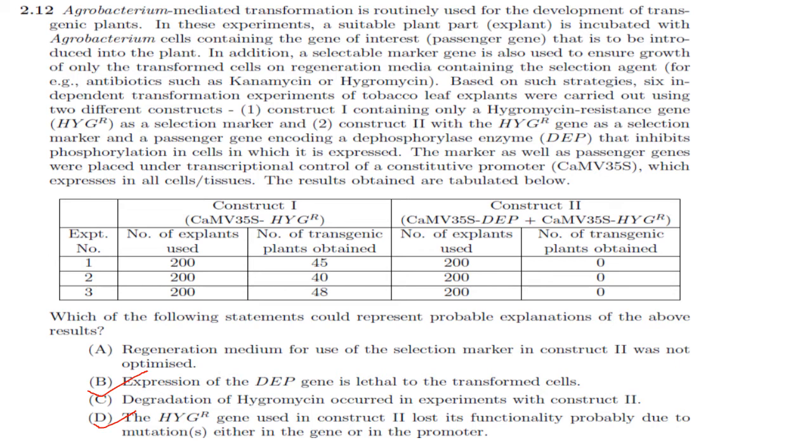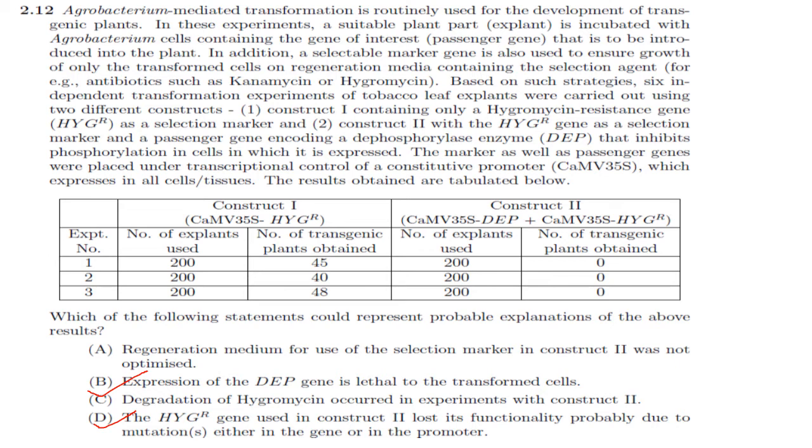So the marker as well as this passenger gene were placed under transcriptional control. You need a promoter for expression of these genes. So the promoter that they have used is CAMV35S. And the use of CAMV35S promoter is that it is a constitutive promoter and it will express in all cells and tissues.